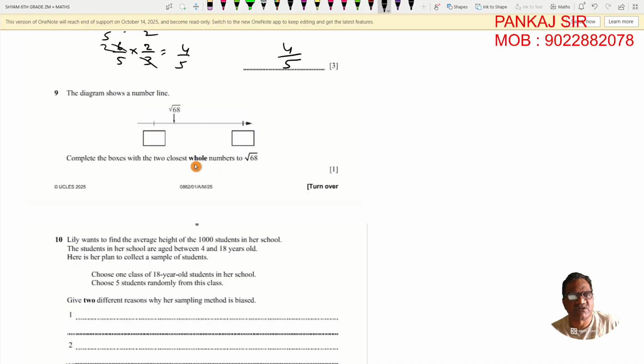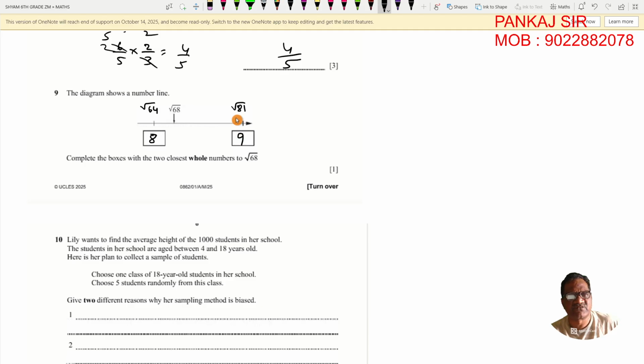He wants the closest whole numbers. So if I put here root of 64 and here root of 81, these are the closest square roots that I can put. So root of 64 means it is 8. 8 squared is 64. So root of 64 is 8. And the next whole number after 8 is 9.